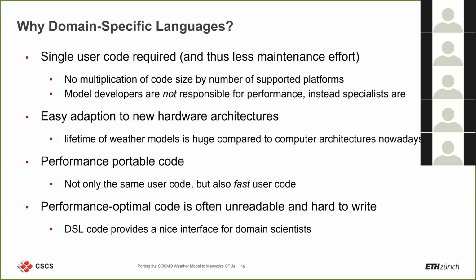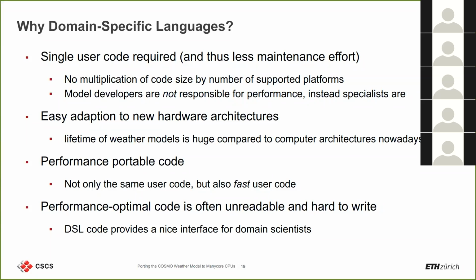So, some discussion of why we actually want to use domain-specific languages. The main point is that we want to have a single user code, so we don't want to duplicate the original code for each new hardware, which would lead to a huge code duplication and impossible maintenance effort.